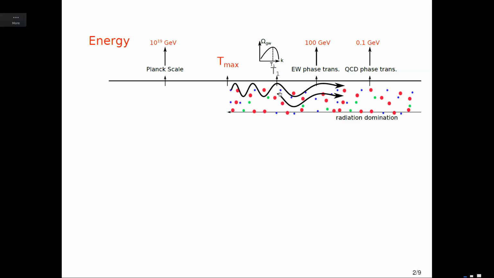So you get an enhancement effect, so to speak, because the gravitational waves that were produced earlier on, due to the redshift-temperature relation, peak at T1, and the gravitational waves which are produced at T1 also peak at this temperature. So the peaks of these two spectra add up. This is the crucial thing.